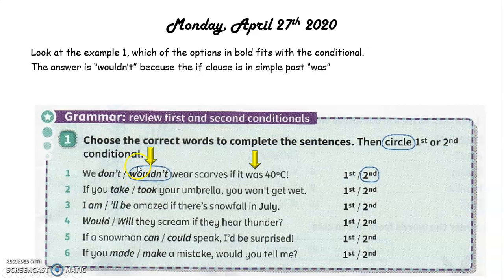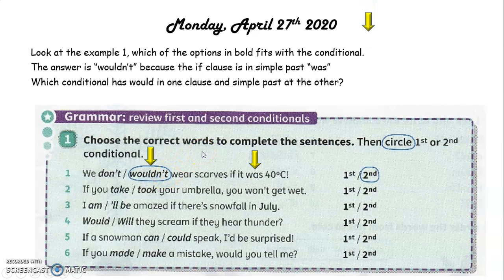The only one that matches the simple past is wouldn't. Now, which conditional has would on one side of the sentence and simple past on the other side? Only the second conditional. So once we work with this example, I'm sure that if you check your notes, you can do the rest.